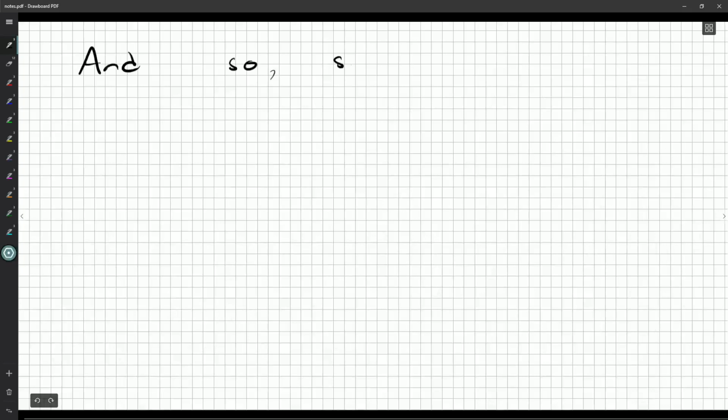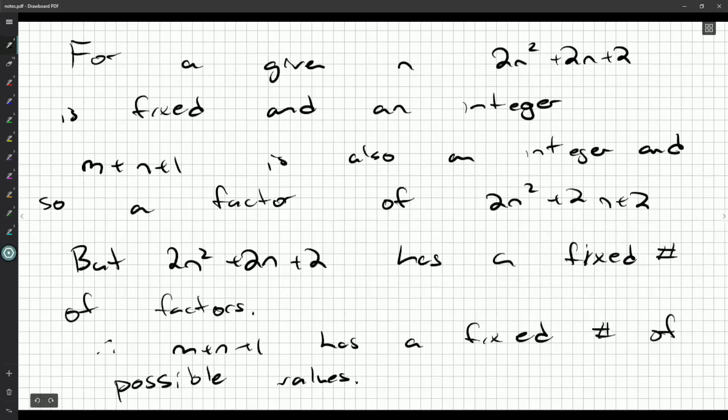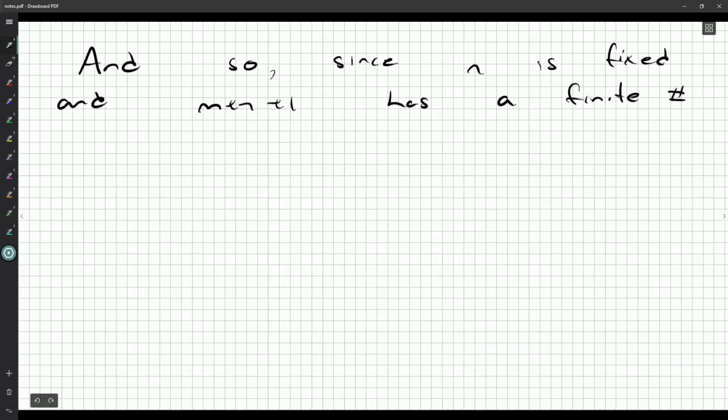And so, since n is fixed, and m plus n plus 1 has a finite number. Did I say finite or fixed earlier? Let's change this to finite. Start using the language that they want in their response. Has a finite number of possibilities.